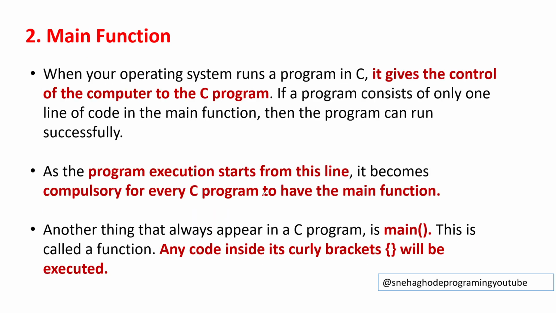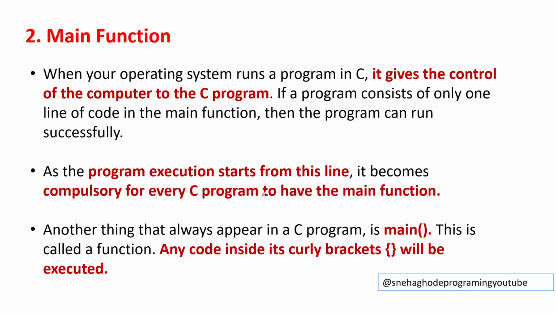Now the second thing is the main function. As I told, the main function is the driver of the program. When your operating system runs a program in C, it gives the control to the C program.